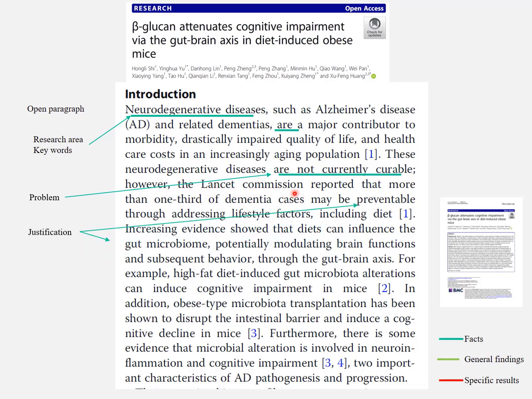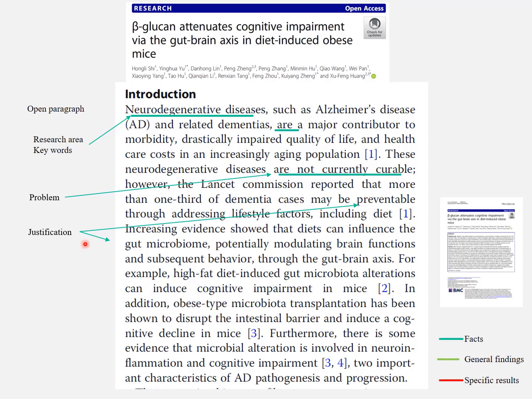the Lancet Commission reported that more than one third of dementia cases may be preventable. Now they start gradually to move towards the preventable, give you a justification, leading to the following: through addressing lifestyle factors including diet. Therefore, you see here gradually you move into the justification.